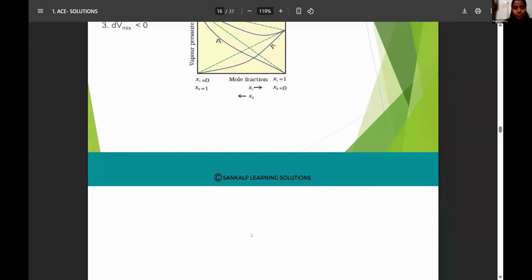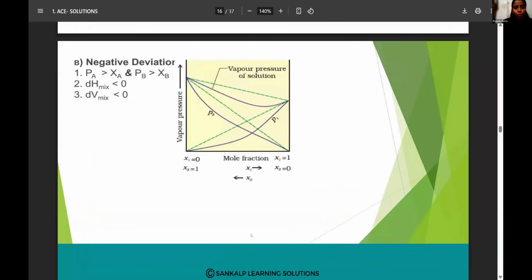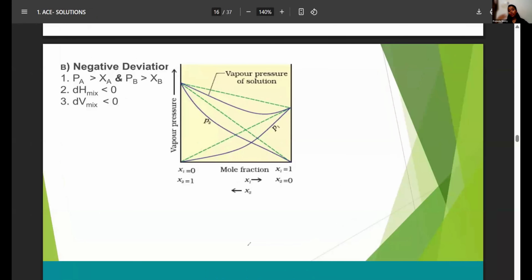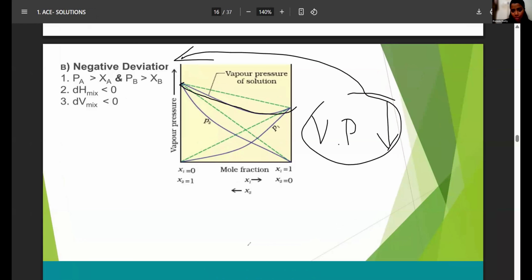When you move on to the next one, which is negative deviation, what do you see here? As I told you previously, you have a green line which is the predicted Raoult's law. The purple line is below that green line. That's why we consider it negative deviation. It exhibits lower vapor pressure, which means it is exhibiting negative deviation. Remember, if vapor pressure is low, it is negative deviation.